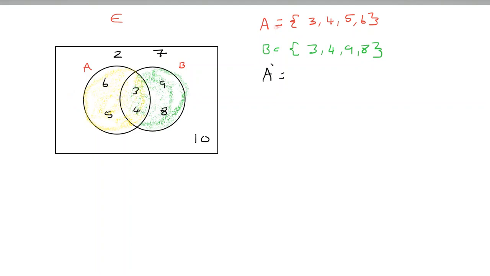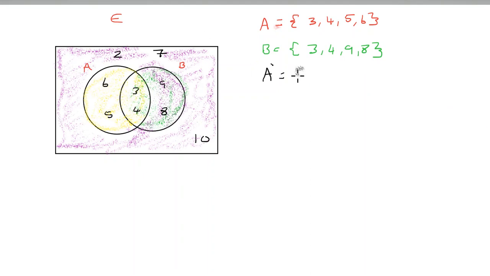If we were to color this in purple, A complement is going to be everything that's inside the universe, and then also everything that's inside B, but not what's inside the intersect. So A complement is going to look something like this.